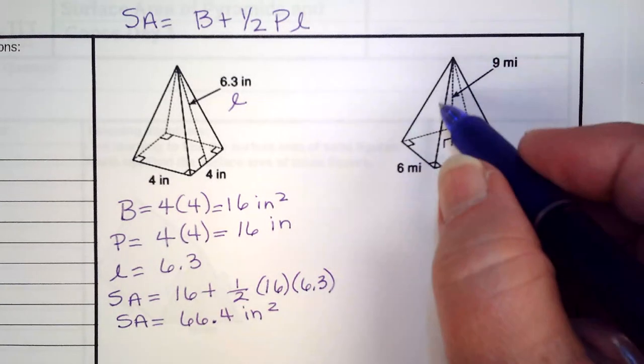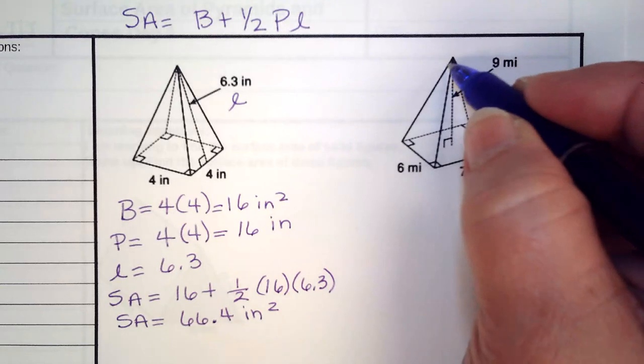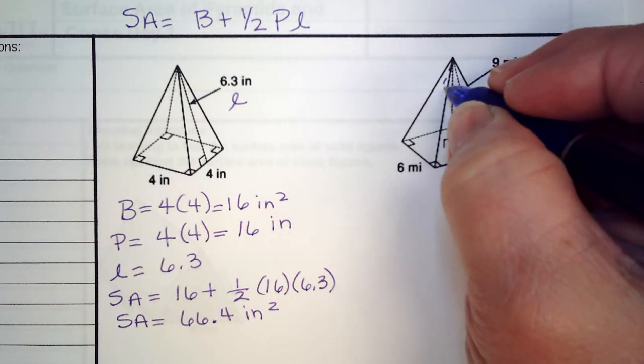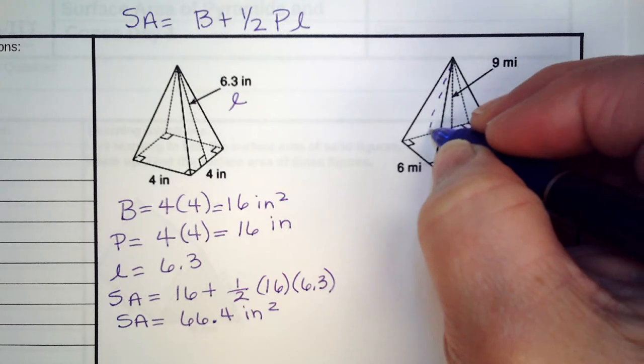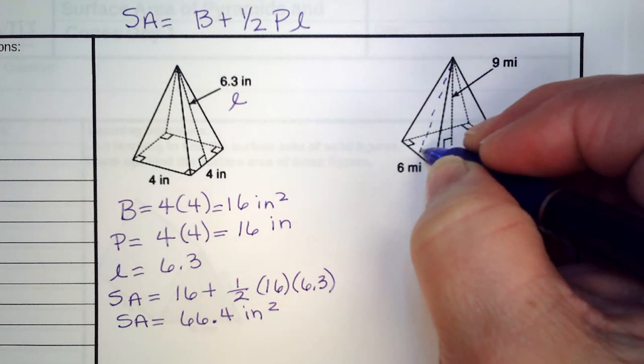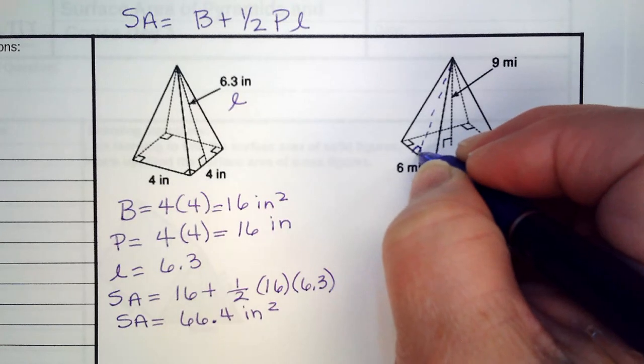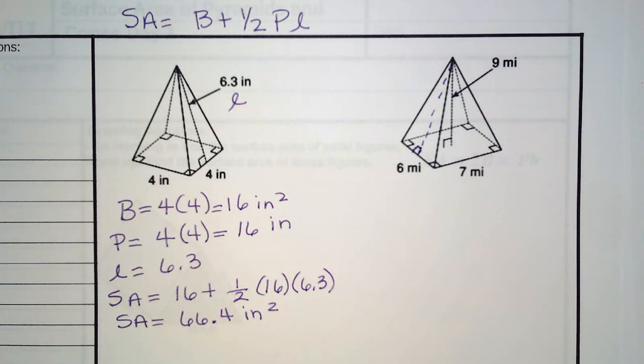Because our slant height will be coming down this edge. It'll be at a right angle here. So how do we find it?